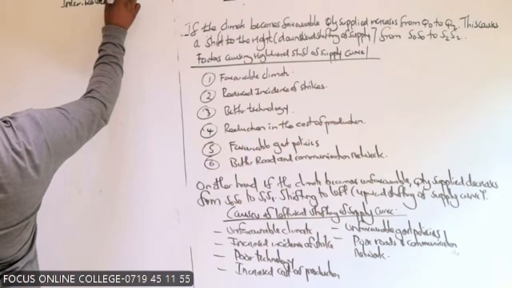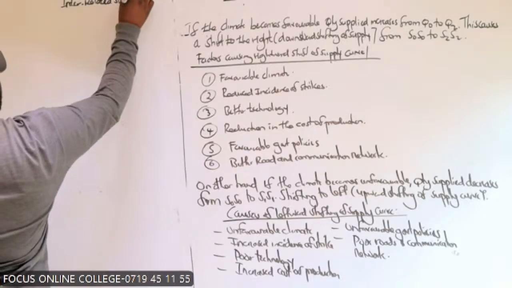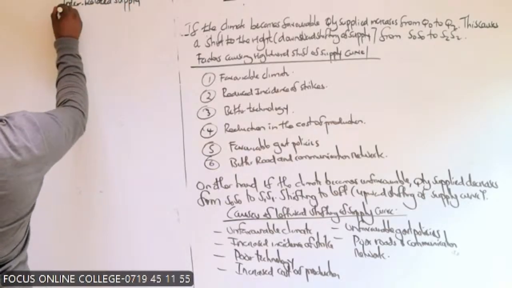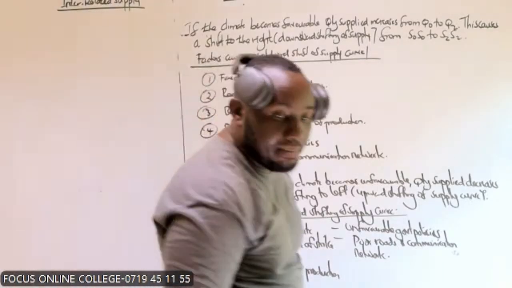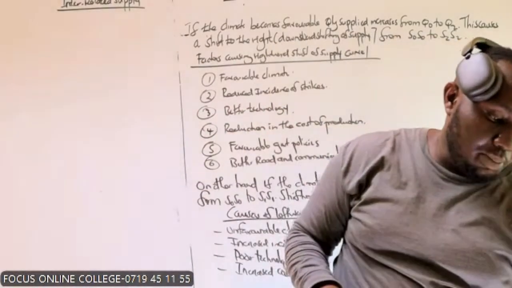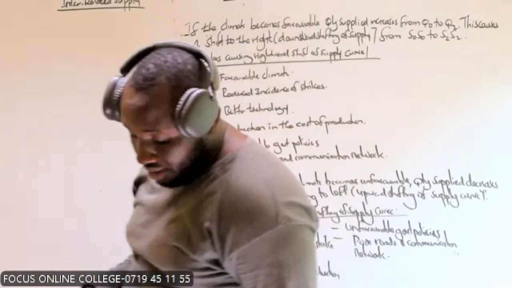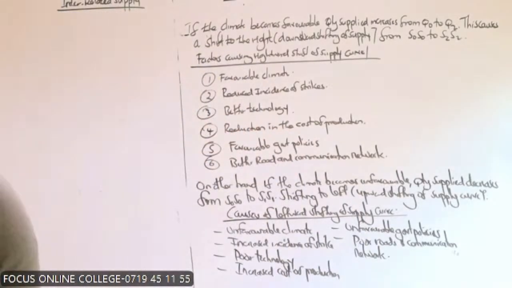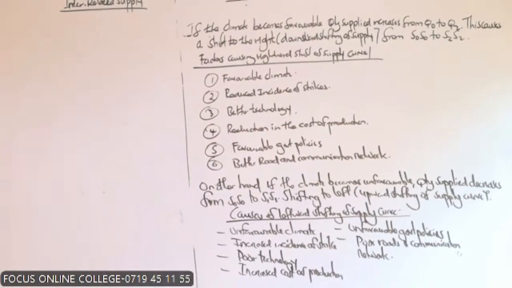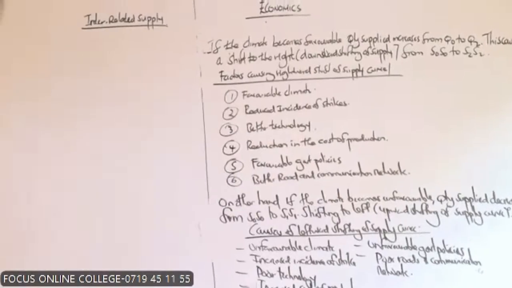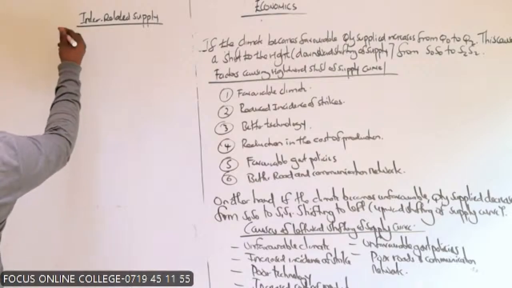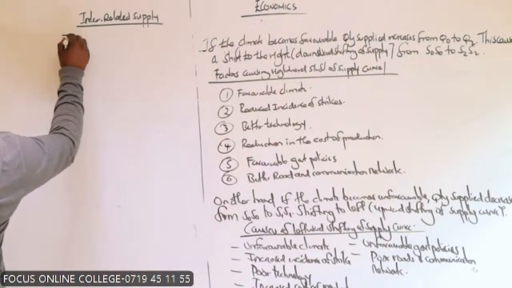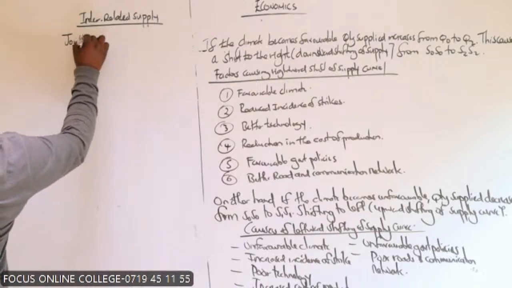On the interrelated supply, we have number one, the joint supply.